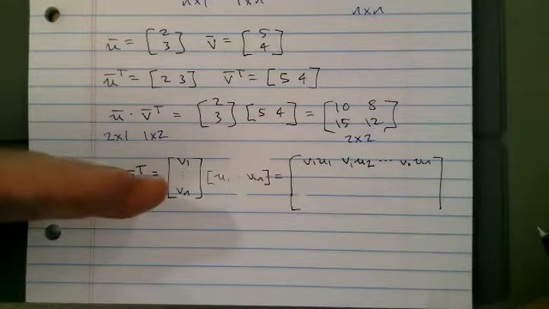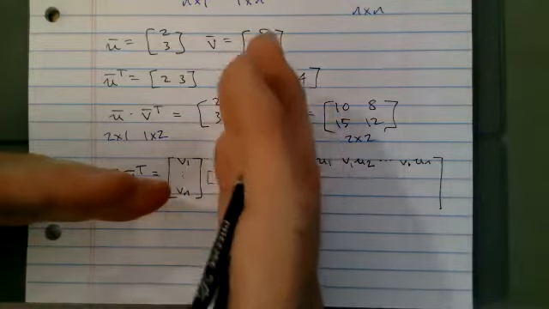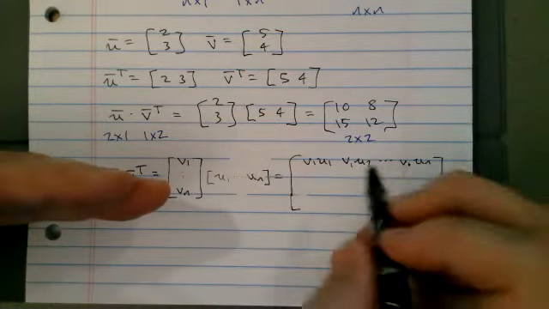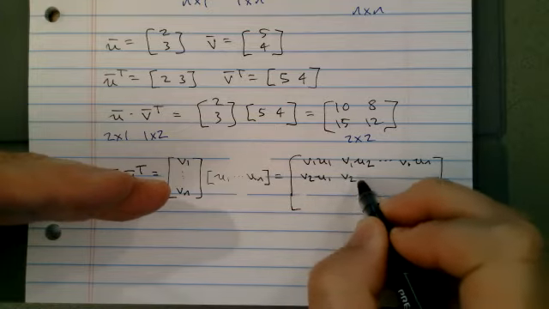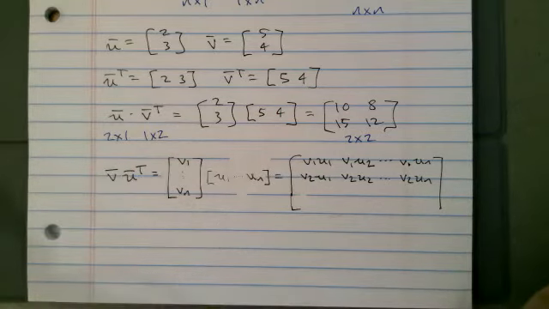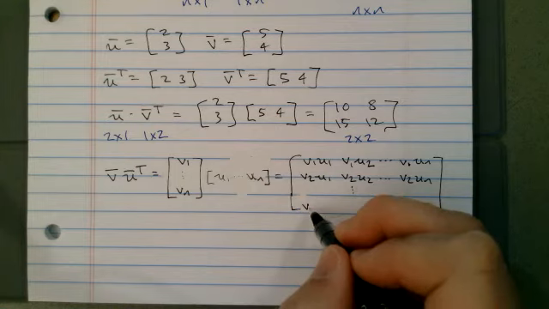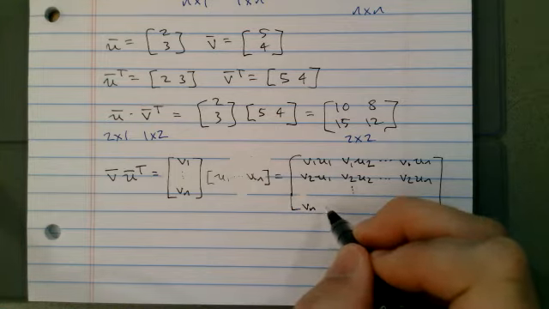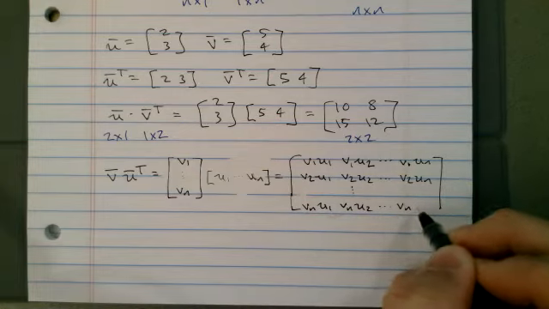Then I'll take V2, the second row of V, and multiply each of the columns of U transpose. So it'll be V2 U1, V2 U2, all the way out to V2 Un. This will continue until we get to Vn U1, Vn U2, all the way out to Vn Un.